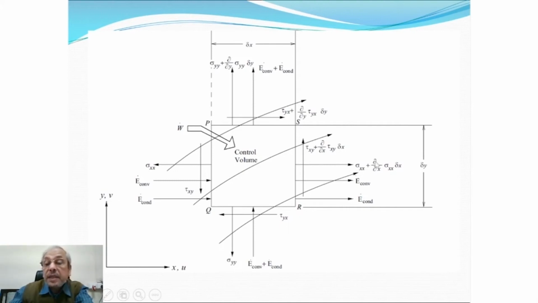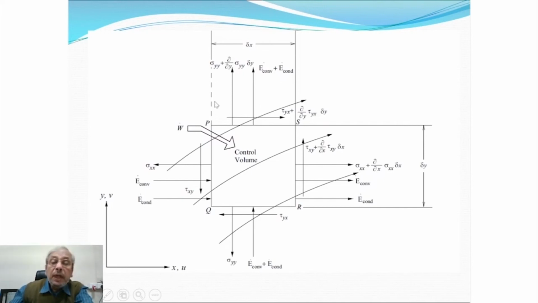This is sigma xx plus del x of sigma xx into delta x. This is tau xy plus del x of tau xy into delta x. This is tau yx plus del y of tau yx into delta y.